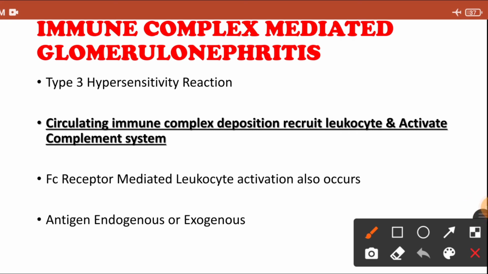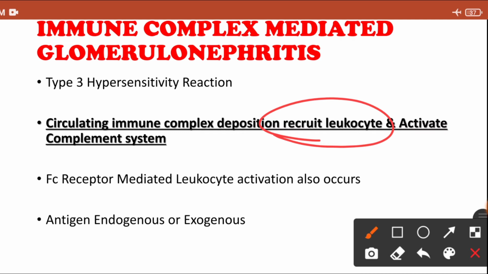Before seeing this video, kindly watch that video about type 3 hypersensitivity, right? In type 3 hypersensitivity, because of immune complex deposition, there is a recruitment of leukocytes. Why? Because leukocytes will ultimately remove the immune complex. They will do the function of phagocytosis. That's why whenever immune complex is deposited, more and more leukocytes get recruited.